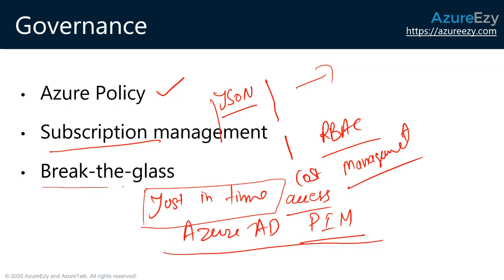Now, the break the glass approach is that in a normal scenario, you might not be allowing certain access by default to people, even to the administrator, even to the root level users. You might not be allowing it by default.